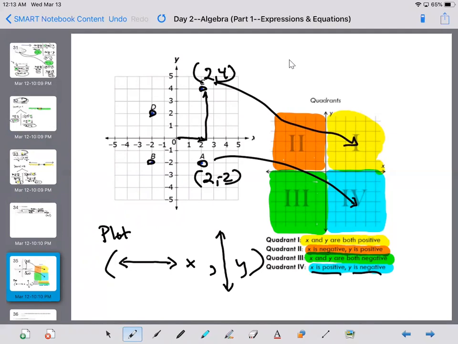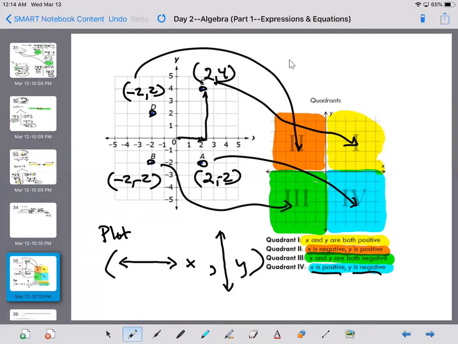And then D is going to be negative 2, 2, and that's going to fall in quadrant 2, where X is negative and Y is positive. And then point B is going to be negative 2, negative 2, and that's going to fall in quadrant 3, where X is negative and Y is negative.